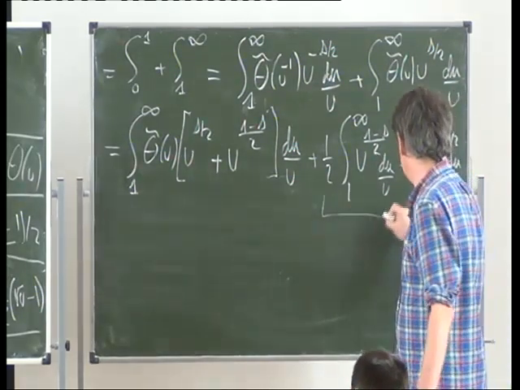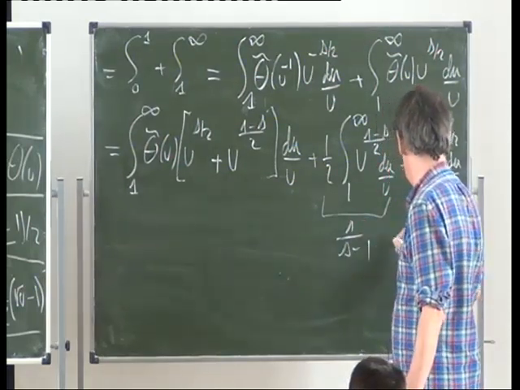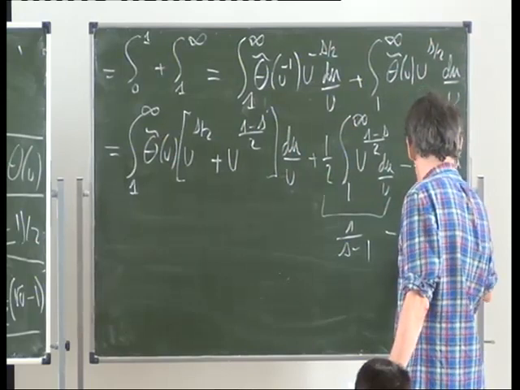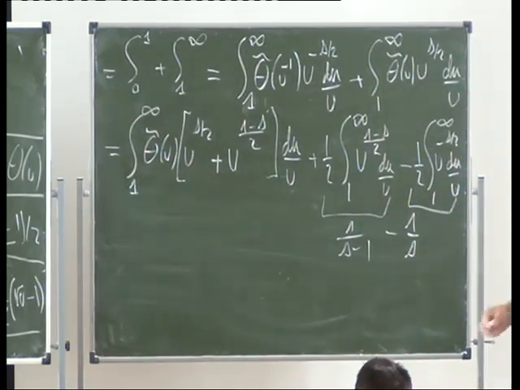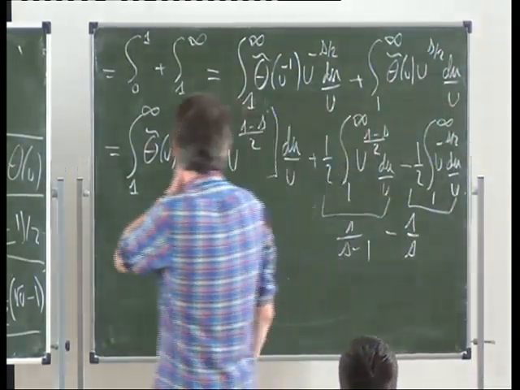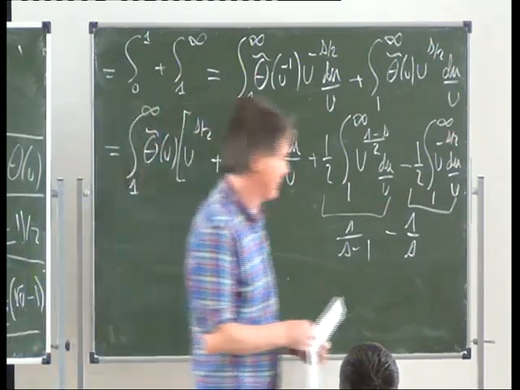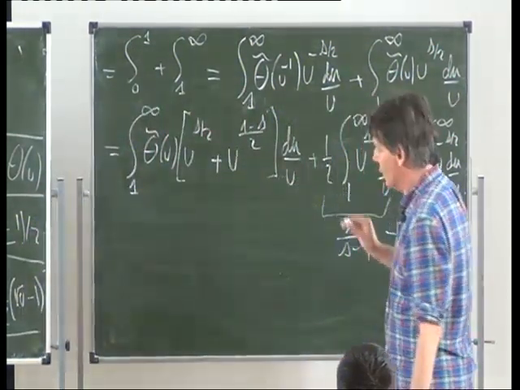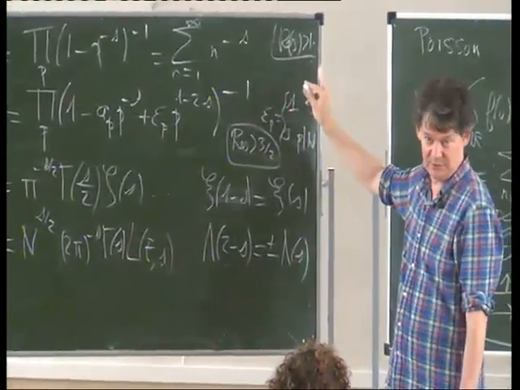This term is actually quite easy to compute. It's 1 over s minus 1, and this one is 1 minus s. Now if we look at this term, everything becomes quite nice, because all the computation is done for real part of s strictly greater than 1, of course.